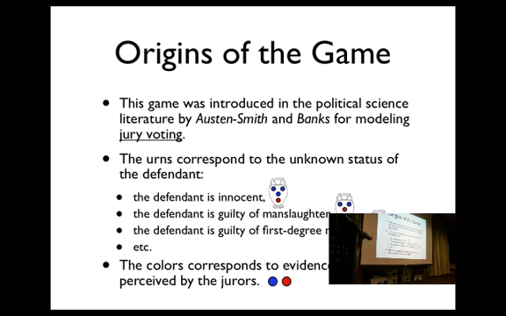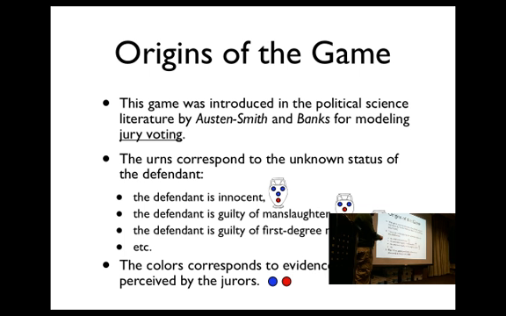Either the defendant is innocent, or guilty of manslaughter, or first-degree murder, or any other you can think of, and each of these possible statuses of the defendant is a different urn, right? We can imagine that an innocent defendant has many blue balls, blue meaning that there's evidence that the guy is innocent, and red, evidence that the guy actually committed something.